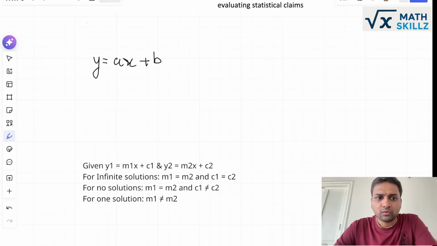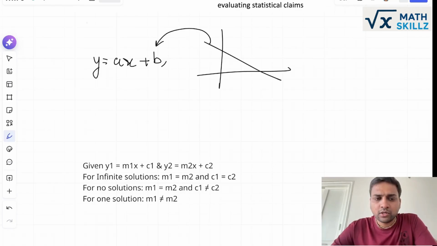So this is a linear equation, y equals ax plus b. This always gives a straight line in the graph. If I write it in the general terms we use in our textbooks, that is y equals mx plus c.